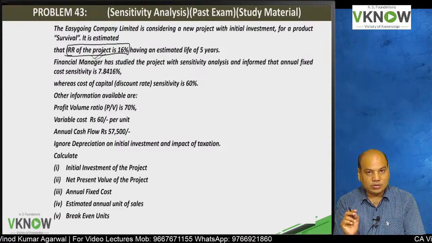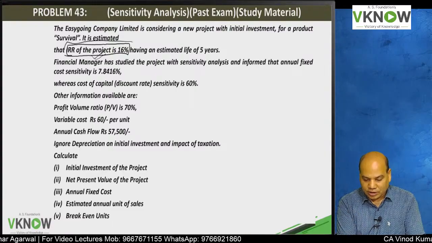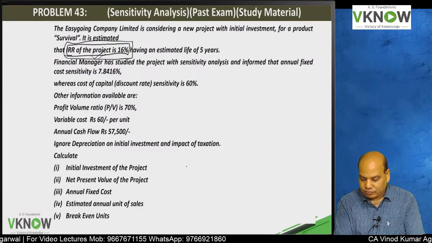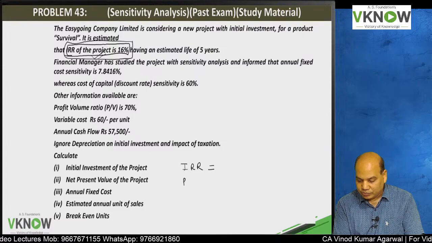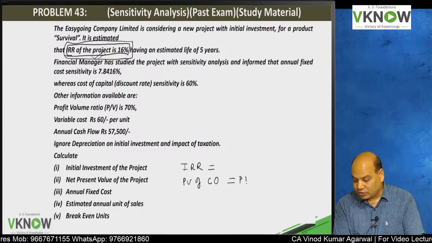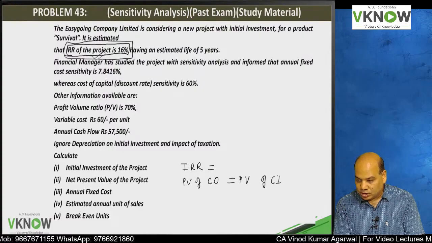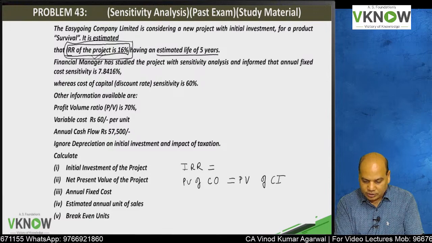IRR is that discount rate at which NPV is 0. IRR is that discount rate at which PV of cash outflow is equal to PV of cash inflow. Life of the project is 5 years.